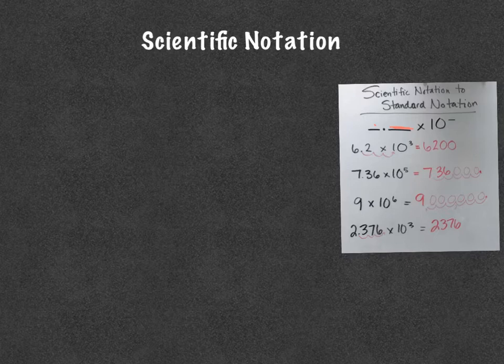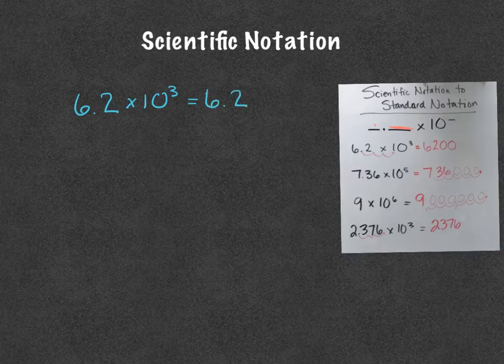So for example, we have 6.2 times 10 to the 3rd. Let's practice this together. I'm going to do these examples with us. If we're changing from scientific notation to whole numbers, what I typically do is write that 6.2 over here.